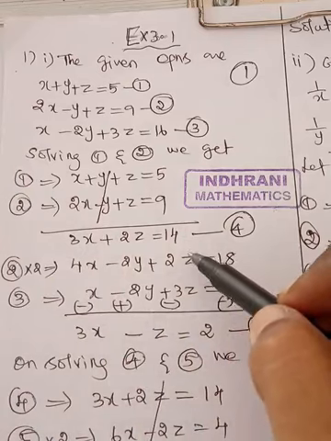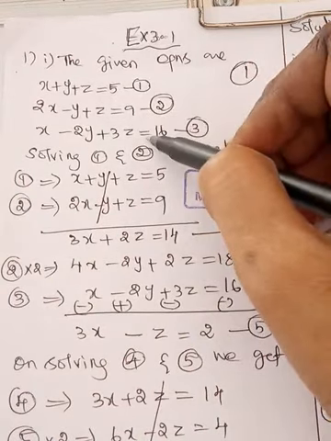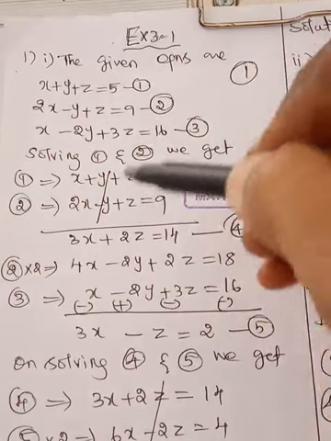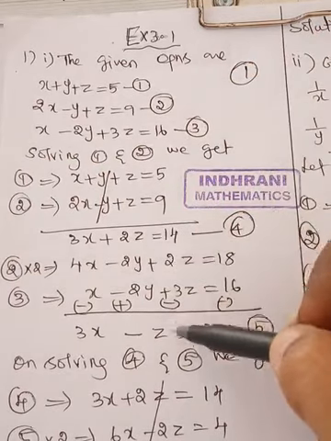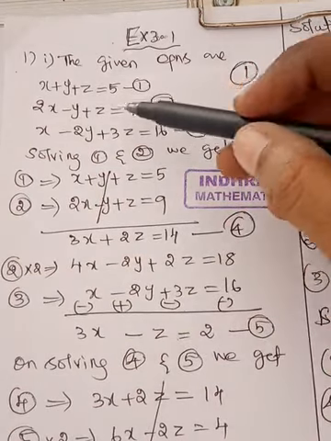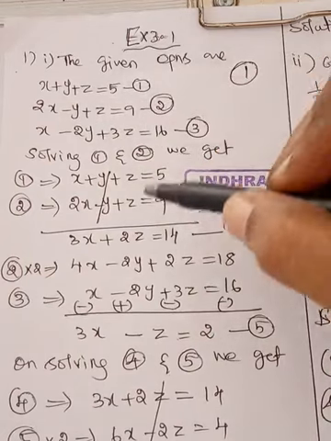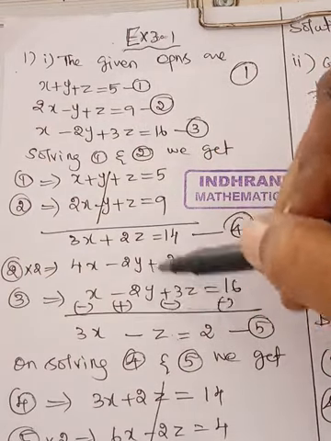So what is the first step? Three unknowns, three equations. I am reducing into two equations in two unknowns.